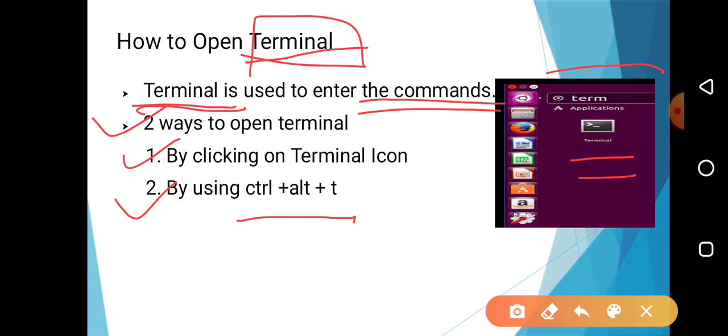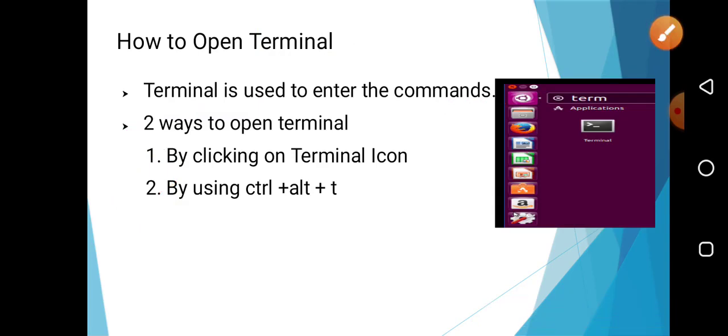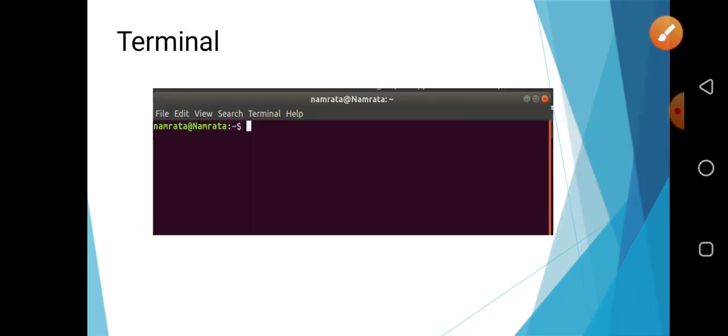This key combination helps you to open the terminal. At a time, you can open n number of terminals. So I have opened the terminal using the Ctrl Alt T combination, and it looks like this.